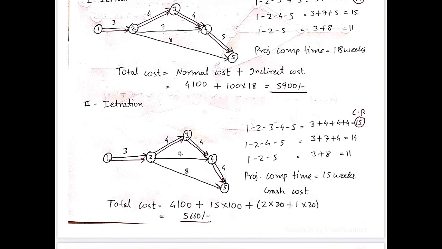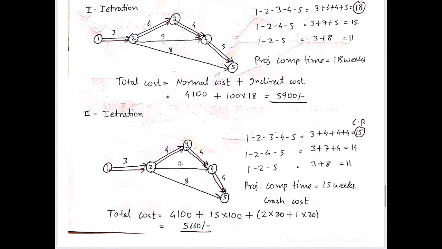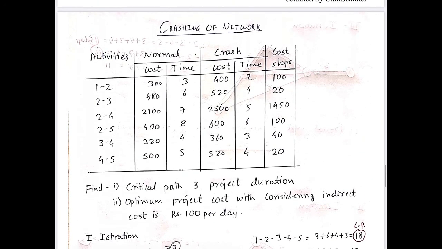After doing so, we'll move further, and we have to calculate now what? Optimum duration. To calculate optimum duration, we have to go for crashing. While doing crashing, we have to see there is only one critical path, that is 1-2, 2-3, 3-4 and 4-5. So we can either go for crashing of activity 1-2, 2-3, 3-4 or 4-5.